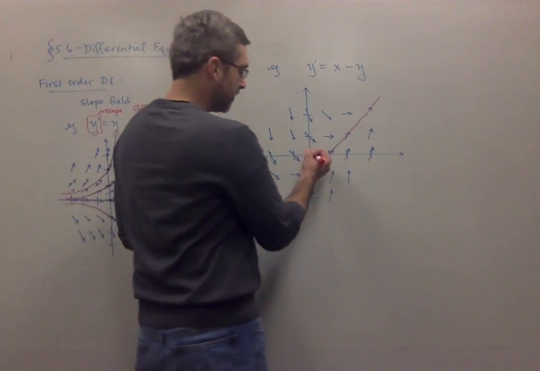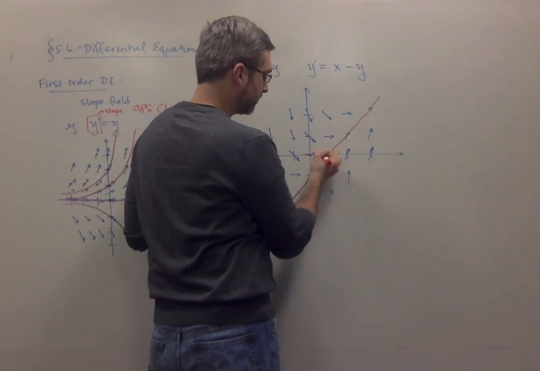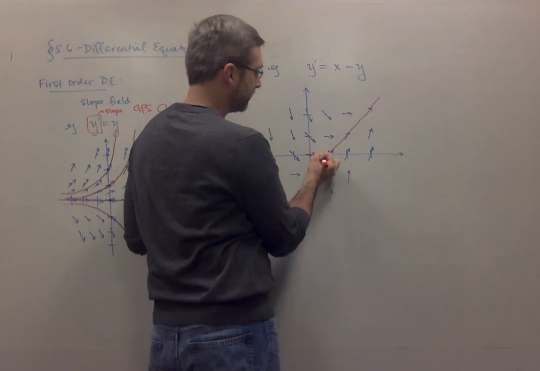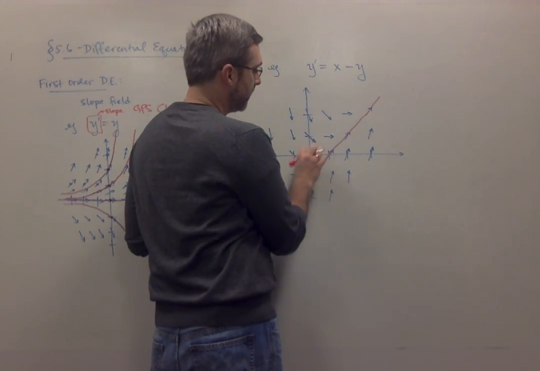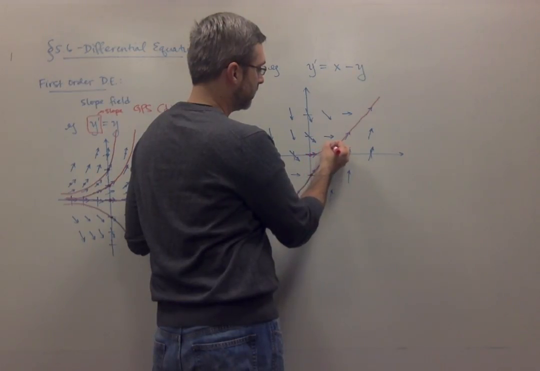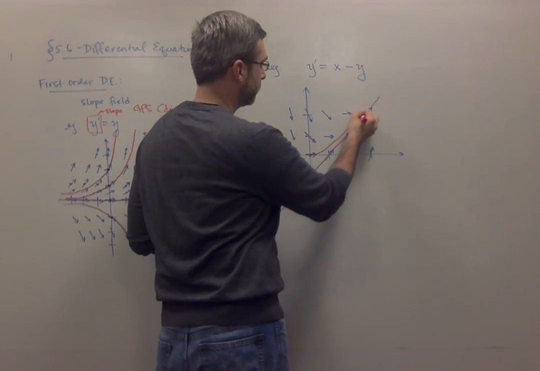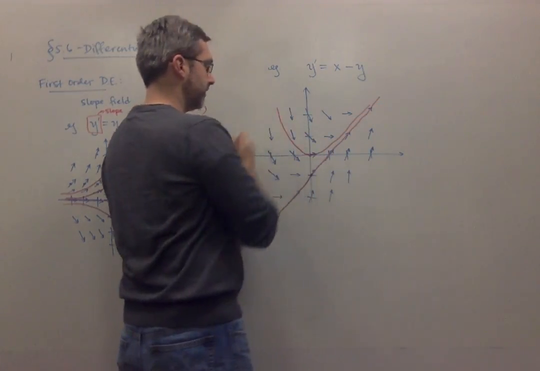Okay, if I were to start here and go, what you'll notice is that I don't keep going straight, because a point over here, for instance, at x equals 1/2 and y equals 0 has a positive slope. So this solution actually ends up starting to go like this. And if I were to back it out, it ends up coming from something like this.